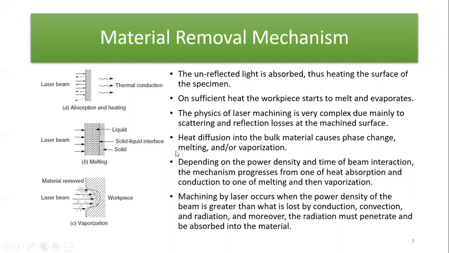So the laser light is absorbed by the material, and with enough energy, the phase transformation from solid to liquid will happen. As more and more energy is absorbed, that liquid will turn into vapor. And when liquid turns into vapor, the material is being removed.